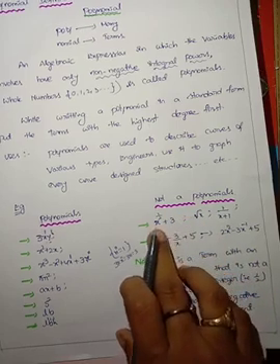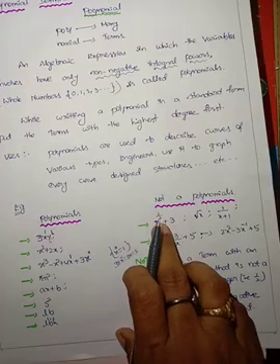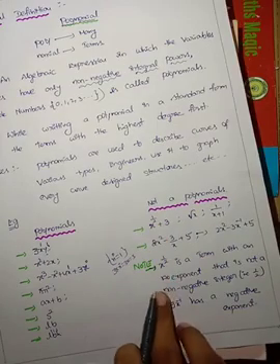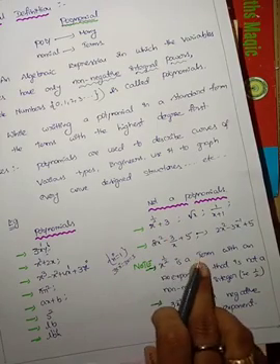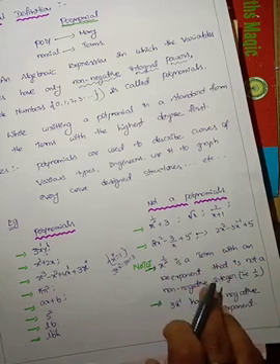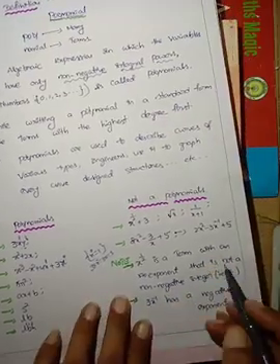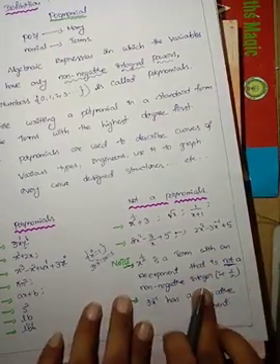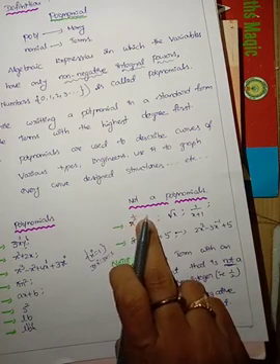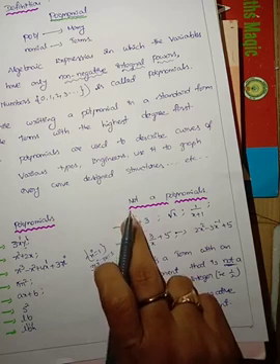How do we decide this is not a polynomial? Take x power of 1 by 2 plus 3. What is the power of x? x power of 1 by 2 is a term with an exponent that is not a non-negative integer.